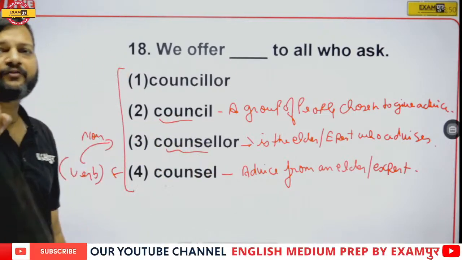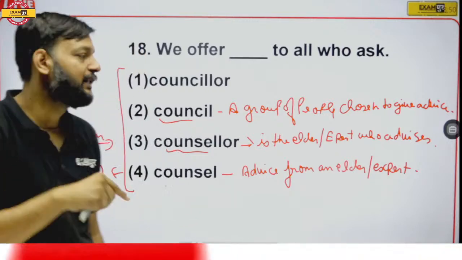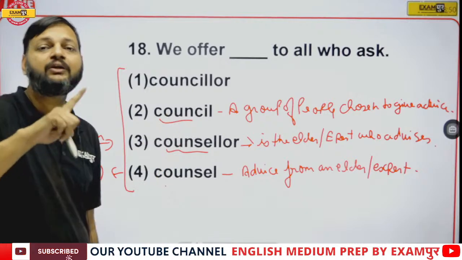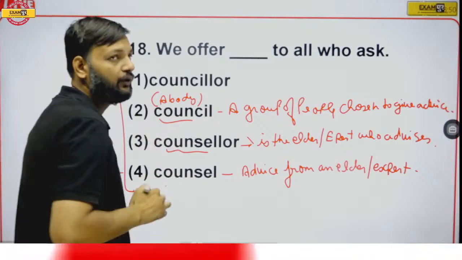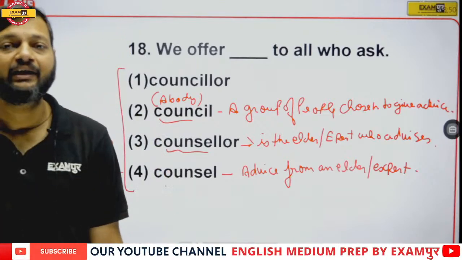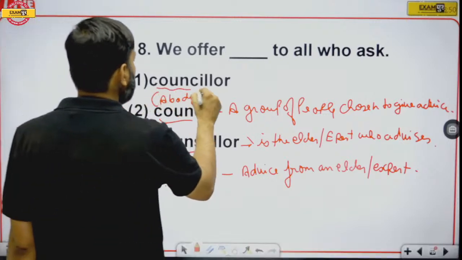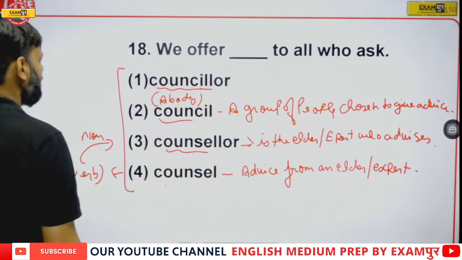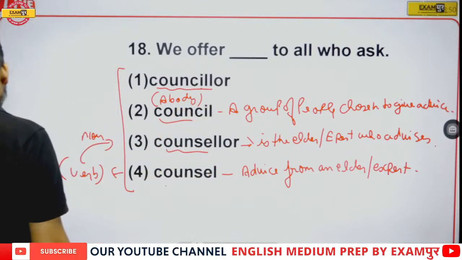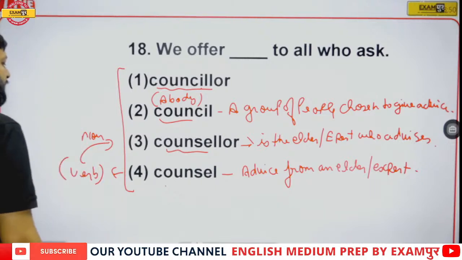Counselor is a single person who is advising you, but council is not a person. Council is a body, a group of people. It is a body that advises. And notice the difference in spelling: C-I-L versus S-E-L. So the word councilor is a different word.